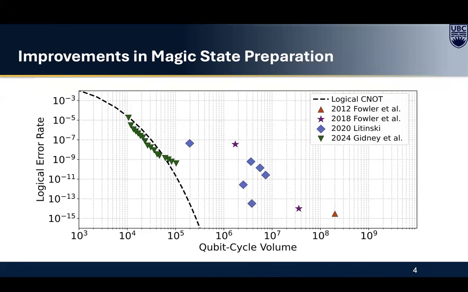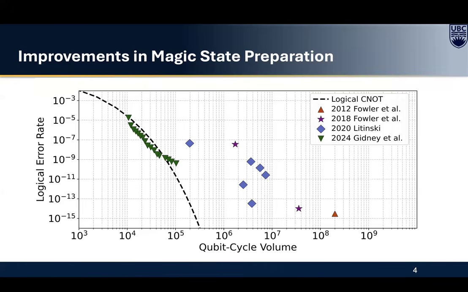Well, I have to mention that this is the theoretical cost of this cultivation proposal. When you're trying to actually use such protocols, there are actual implementation limitations which can increase the cost of those magic states. But still, the overall trend is that we can, in theory, put the cost of those magic states pretty close to the Clifford gates.